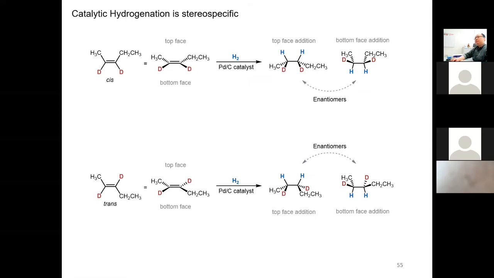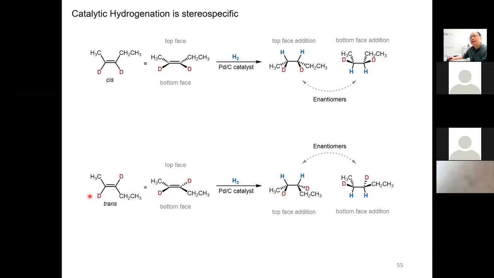And as we said, it's a syn addition, and if you have different stereoisomers, like in this case a cis and a trans alkene, it will give different stereoisomers. So this is what we call a stereospecific reaction. The two stereoisomers give two different stereoisomers as product. In the cis, if it reacts at the top face, the H is here. If it reacts at the bottom face, the H becomes here, and these two are enantiomers.